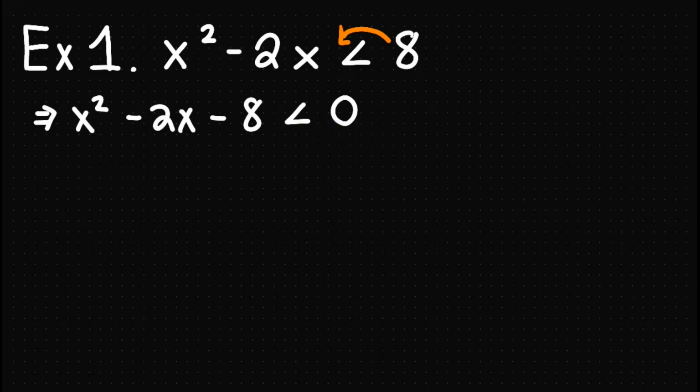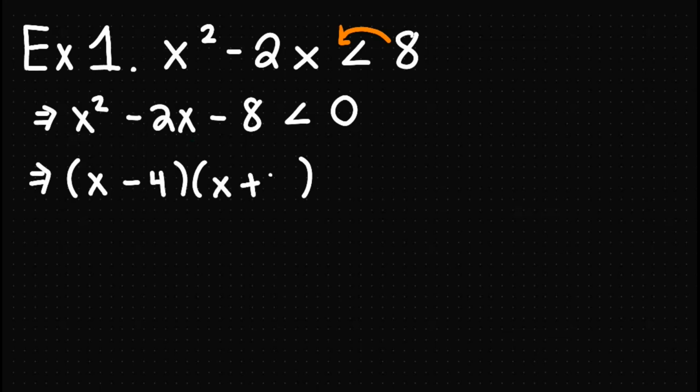Now from here, the next step is to factor this one. With our factoring knowledge, you can verify that the correct combination will be x minus 4 and x plus 2.